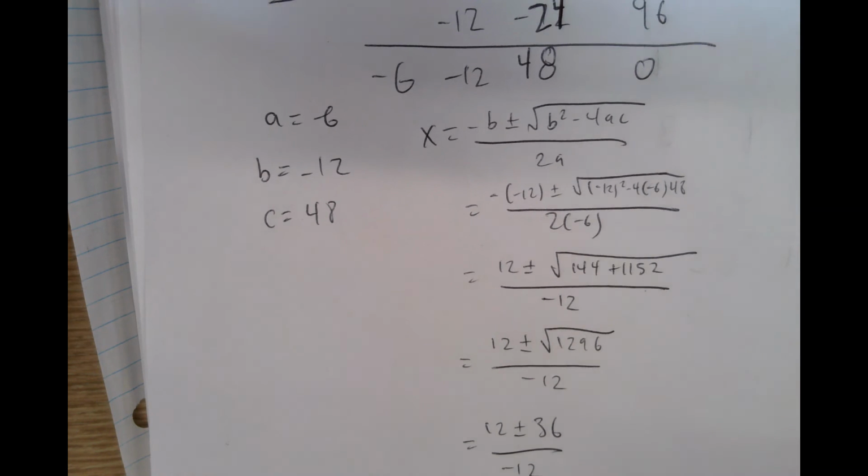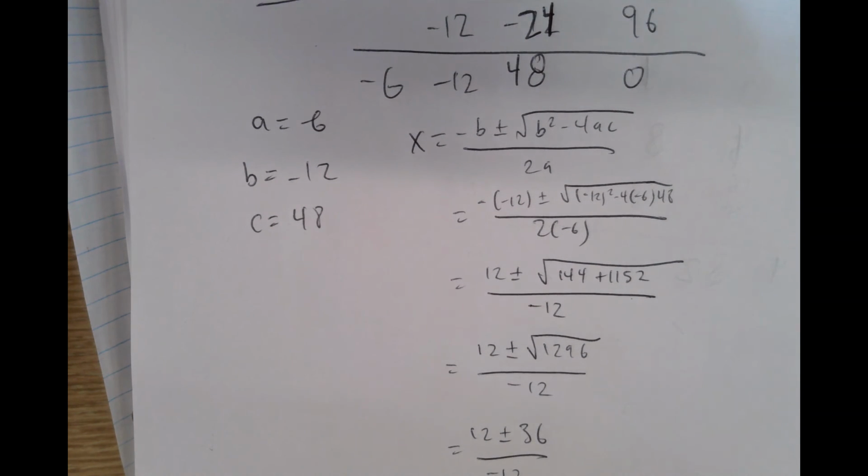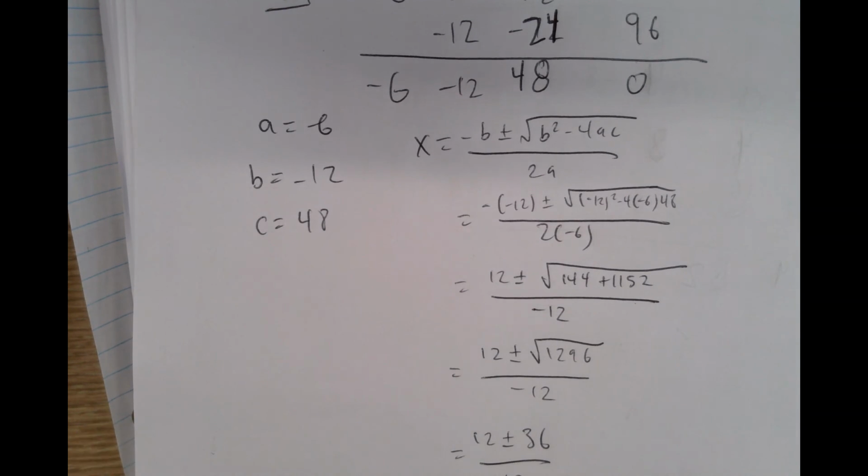Since 2 and negative 4 are your possible answers, we know that 2 is the only viable one. So 2 can come up twice, but since negative 4 doesn't work, we know that 2 is our only answer here. Okay?